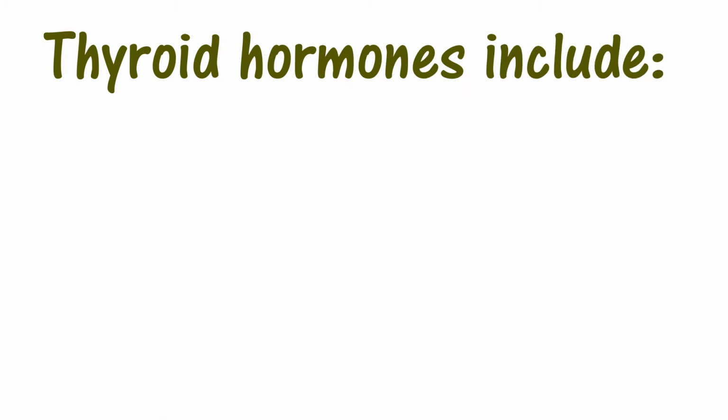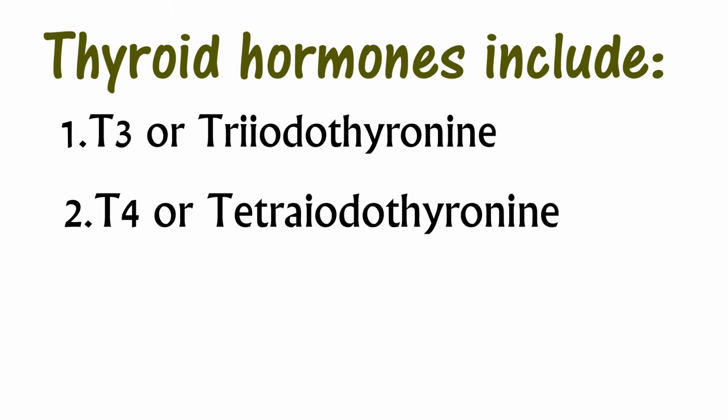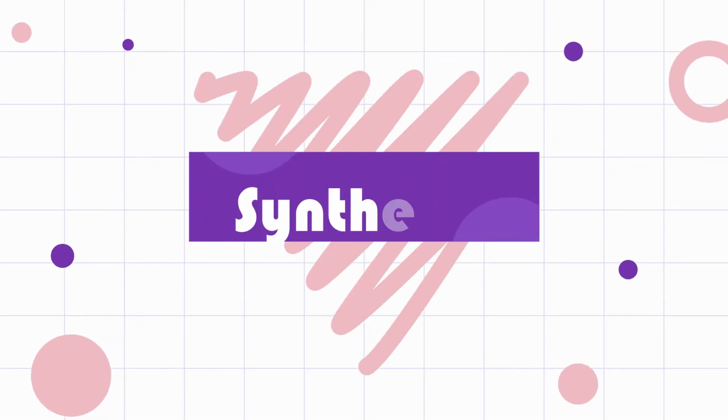The thyroid hormones include T3, which is triiodothyronine, and T4, which is tetraiodothyronine or thyroxine, and they have vast areas of physiological action. So let's see how these hormones are synthesized.